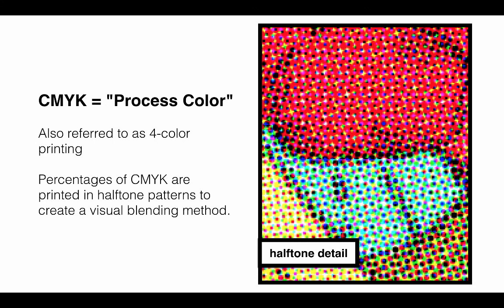A lot of newspapers, for instance, and inexpensive prints are going to use larger halftone patterns, and really high quality art books, for instance, that have artist plates inside of them, are going to have a really small and fine halftone pattern, so that the color is very dense and you can't see any of the printing pattern at all.